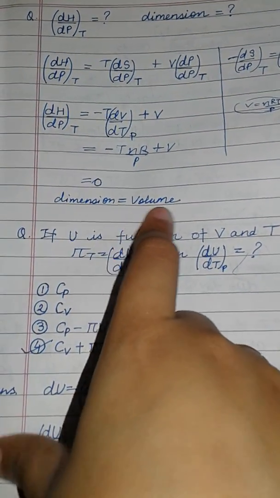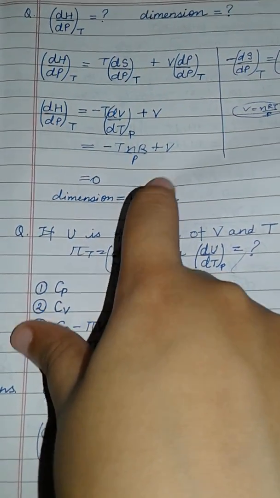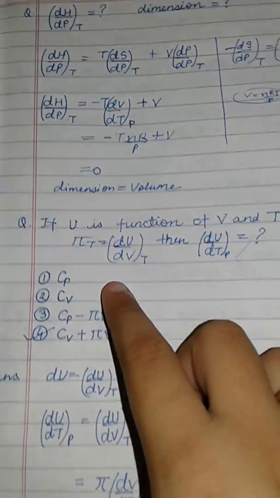So the dimension is volume, since both sides are volume.